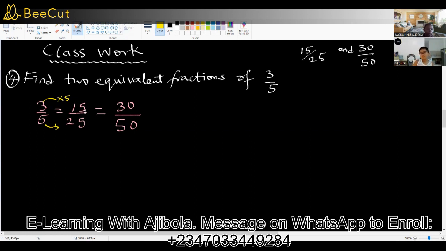Or rather, if I start with 15 over 25 and I said it's equal to 3 over 5, then I'm going to divide this. Is that clear? Divided by 3, divided by 5, then divided by 5, okay?